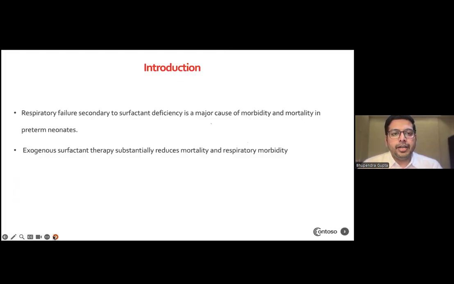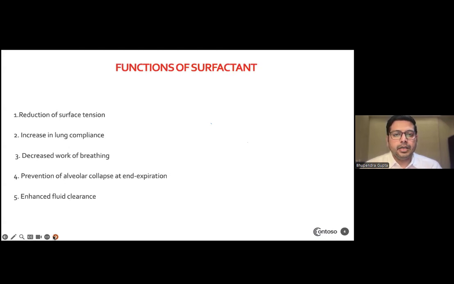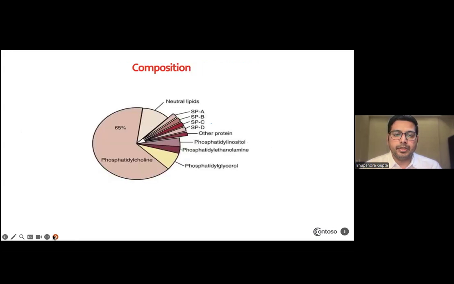Respiratory failure secondary to surfactant deficiency is a major cause of morbidity and mortality in preterm neonates. Exogenous surfactant therapy substantially reduces mortality and respiratory morbidity in preterm neonates. Surfactant has various functions: it reduces the surface tension of the alveoli, increases lung compliance, decreases the work of breathing, prevents alveolar collapse at the end of expiration, and enhances fluid clearance.